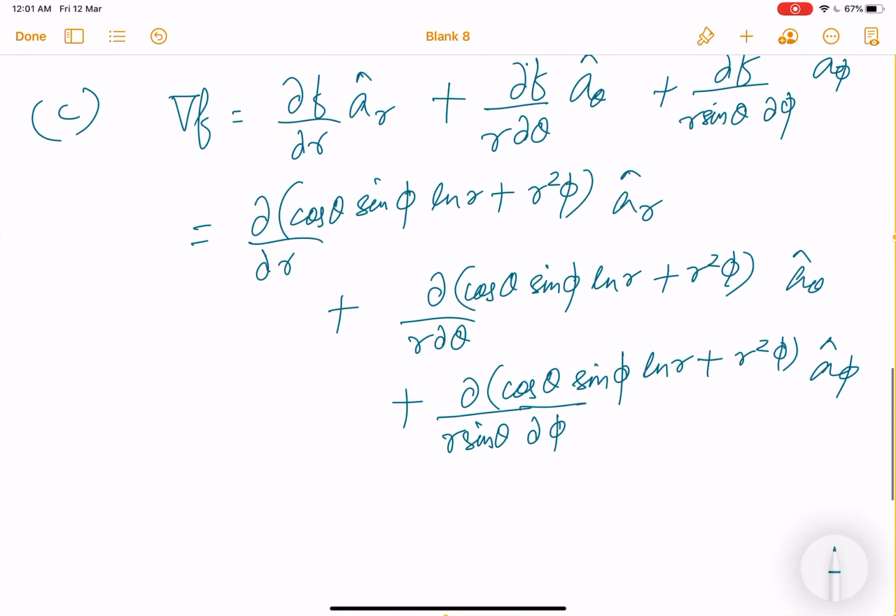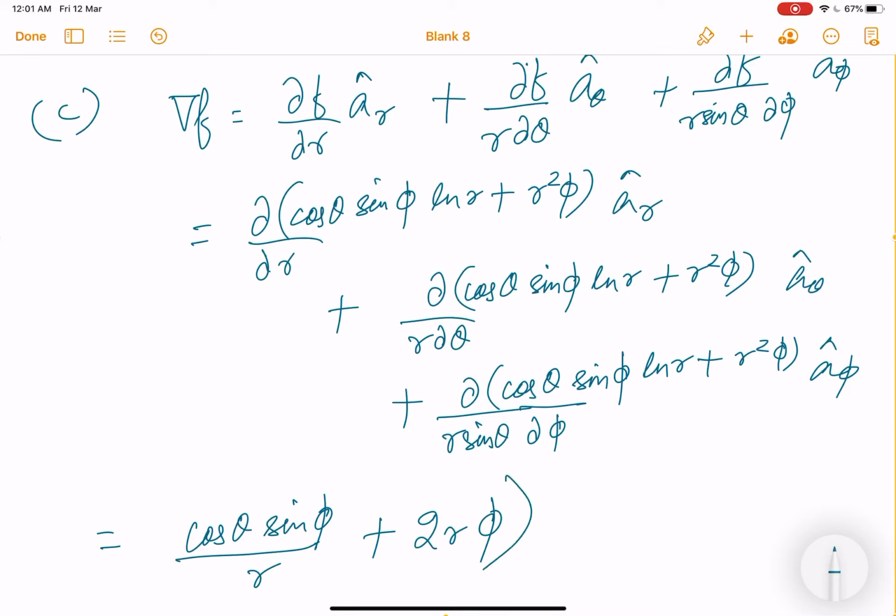In the first term, you differentiate r and the others are constant. So the derivative of cosθ sinφ ln r is cosθ sinφ / r, then plus 2rφ. This is a_r cap.